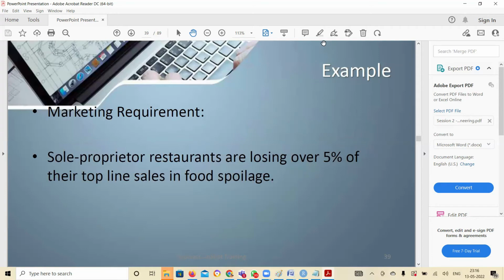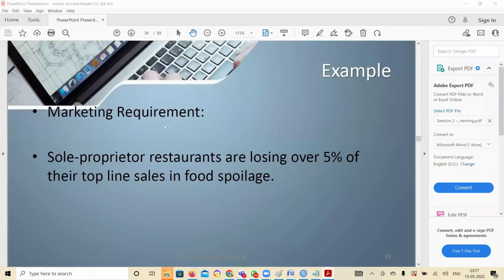Okay, let's take an example here. Okay, so this is an example. You asked me, right? How do we know the requirements? So this is how we do it. Okay, so marketing requirement. This is the problem that you're facing. So what is the problem? You're running your own restaurant and you're seeing that 5% of your sales revenue is lost because of wastage.